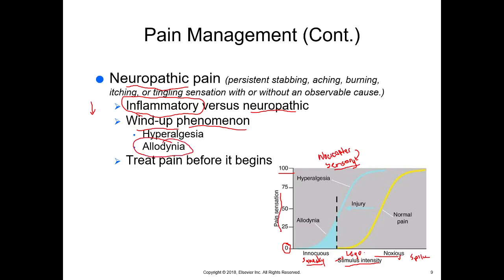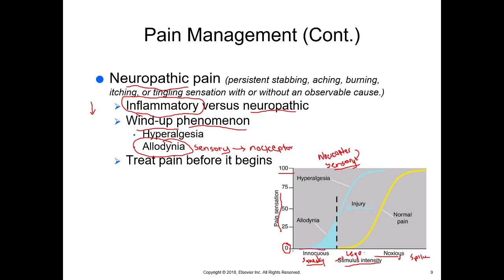Allodynia, okay, is when normal sensory nerves are now considered nociceptors. They're recruited by the nociceptors to become a nociceptor. Okay, so now we have sensory nerves that are pain nerves. Okay, so now we have a lot more pain nerves available.